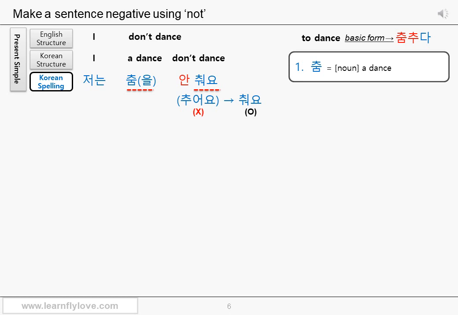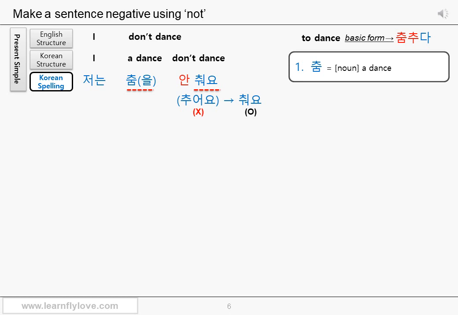Anyway, 춤추다 can be used as a one-word verb, but you can also split it into the noun part and the verb part, especially where you make a negative sentence using the negative adverb 안.